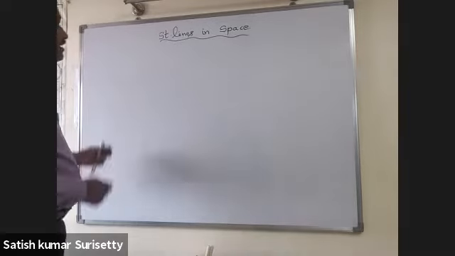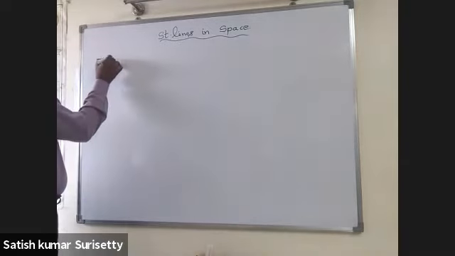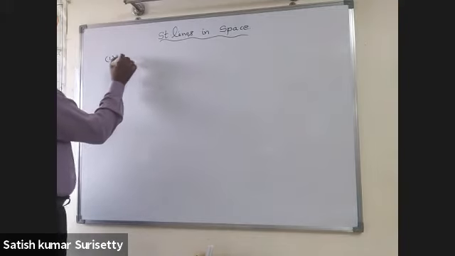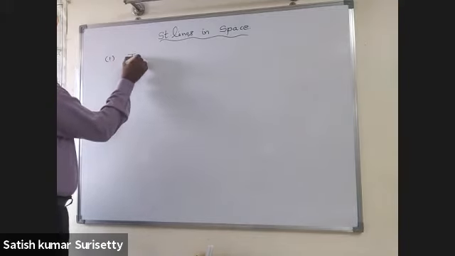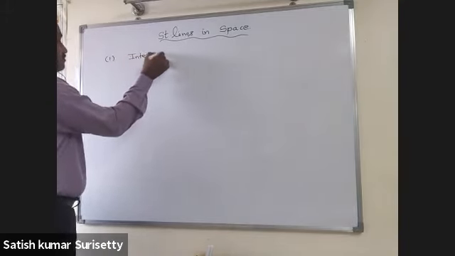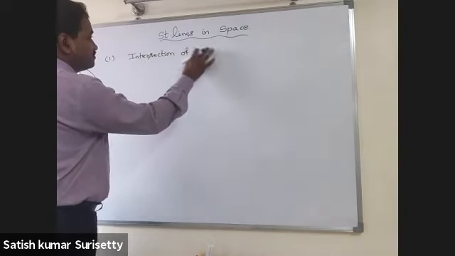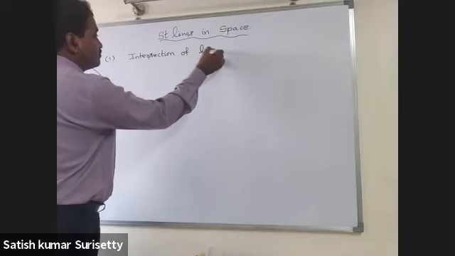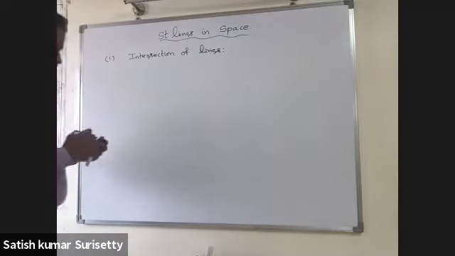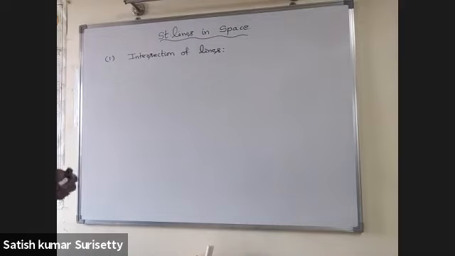So in straight lines in space, intersection of two lines. Now, how to check whether the two lines are intersecting or not?